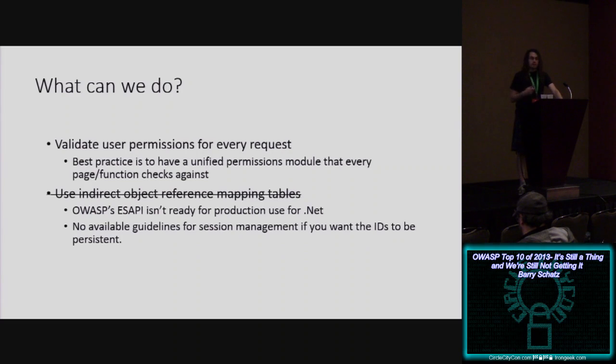There's also a technique of using indirect object reference mapping. I'm reluctant to recommend this because either you have to create persistent links that people can keep reusing, which means you have to hold on to these links, which means goodness knows session bloats up, or they die, or they have to be persisted, which kind of defeats the purpose, or they become links that disappear as the user navigates.